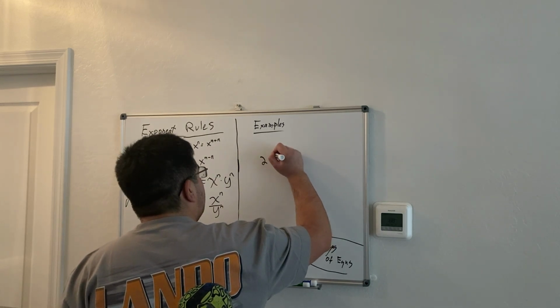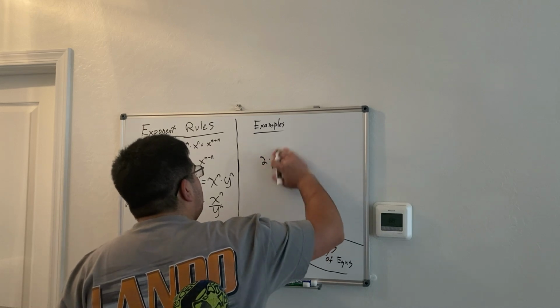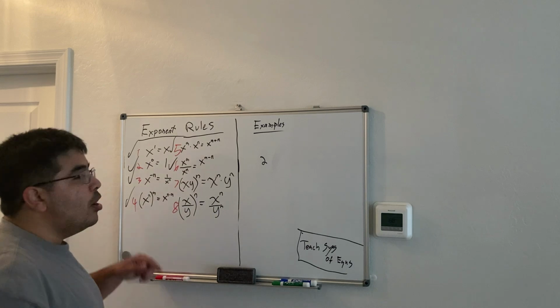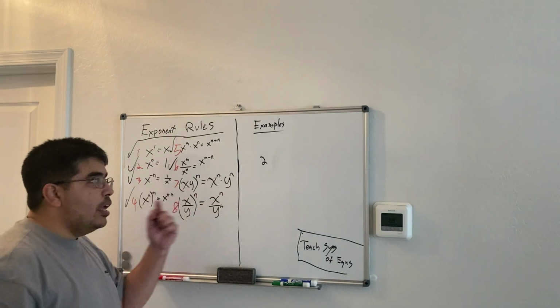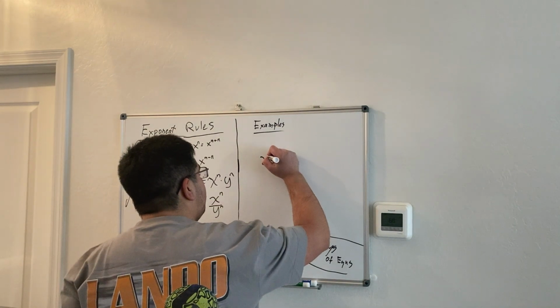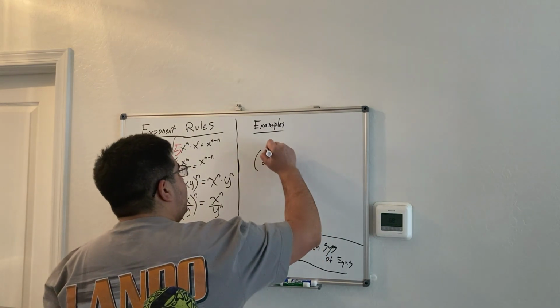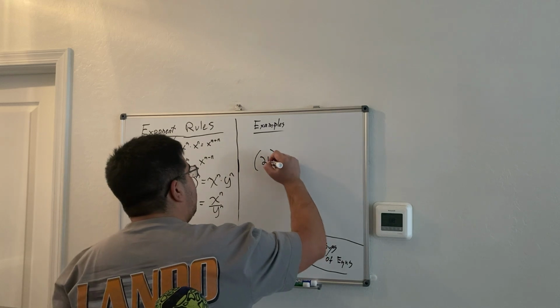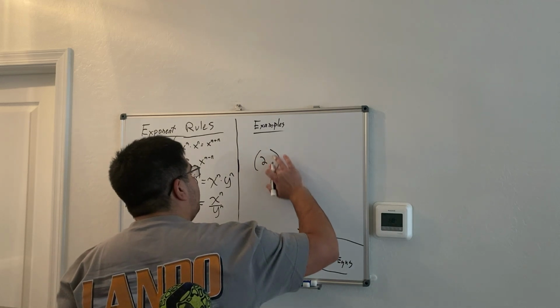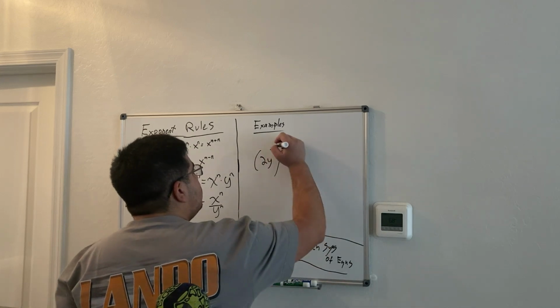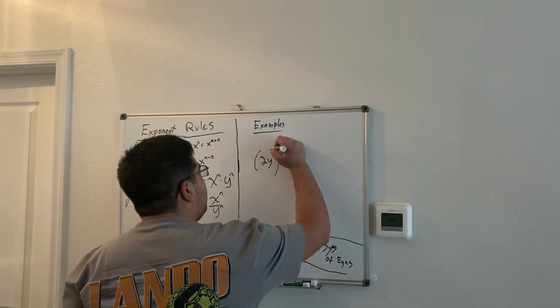times y. Since we're multiplying something and it's like that, we're going to say 2 is going to be the base, and we're going to multiply this by y. Sorry, that's a y, not a 4, so I'm going to write it differently. Let's go y, like that. That'll be taken to the 3rd power.